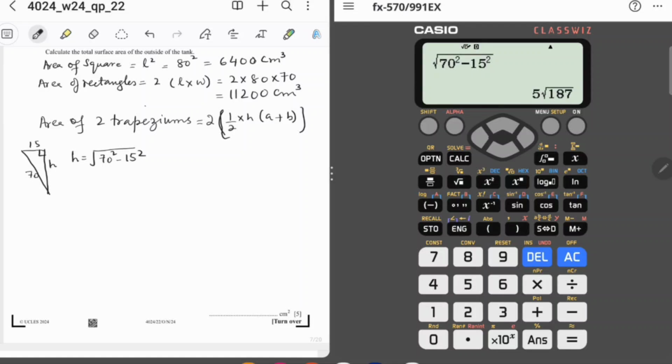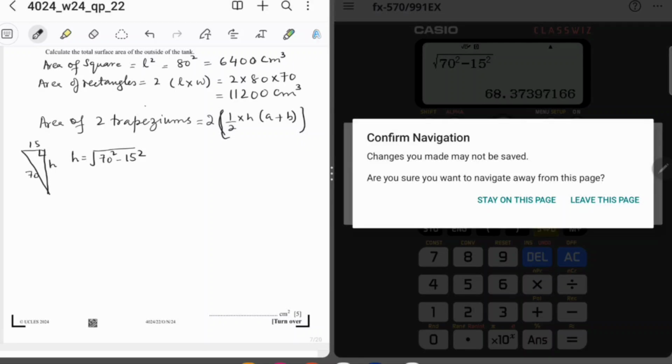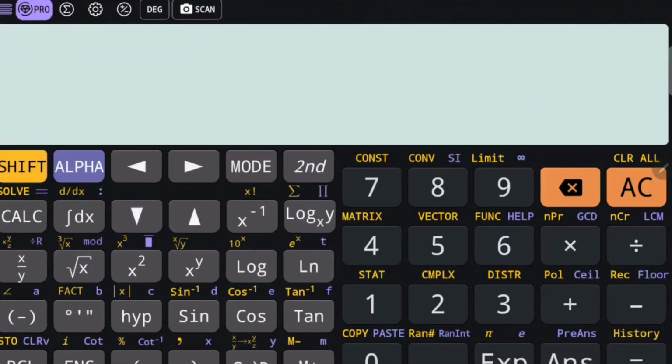It's 5 square root of 187 in surd form. Otherwise, square root of 70 squared minus 15 squared.